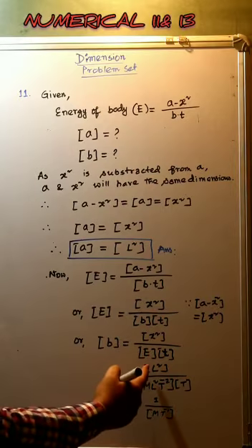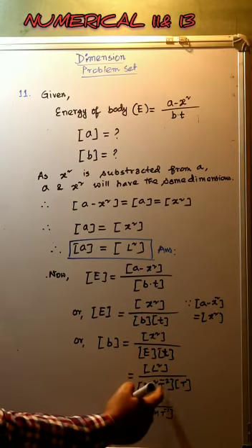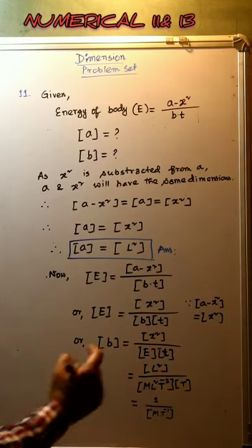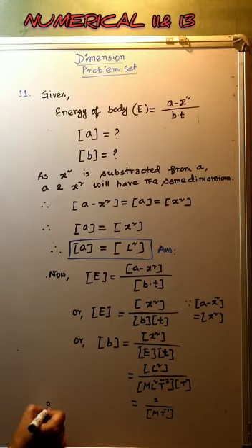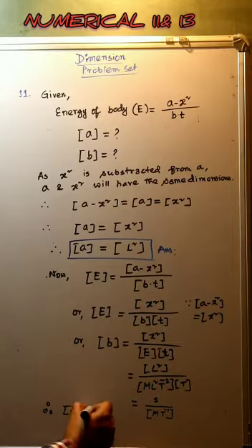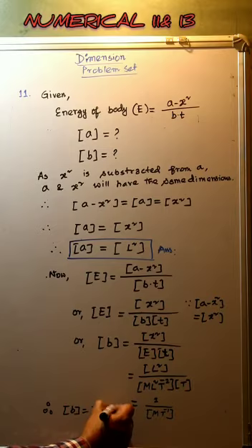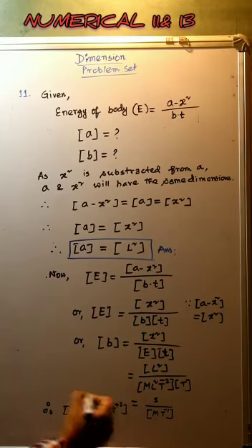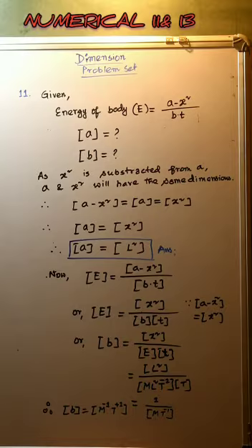If we check, then L square and L square will cancel out, and this T to the power minus 2 and T will become T to the power minus 1. Therefore, we can say dimension of B is equal to M minus 1 T plus 1.